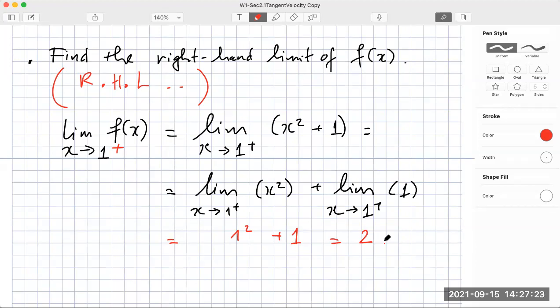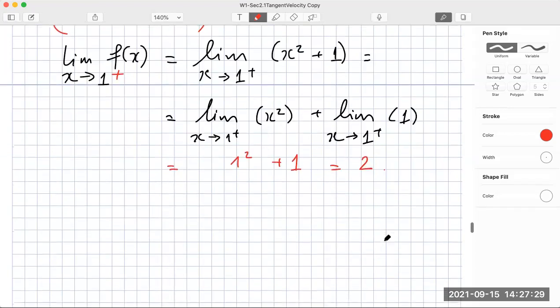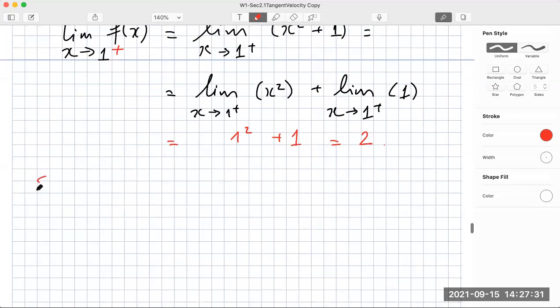The left-hand limit is equal to the right-hand limit.